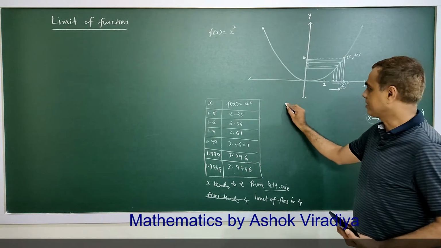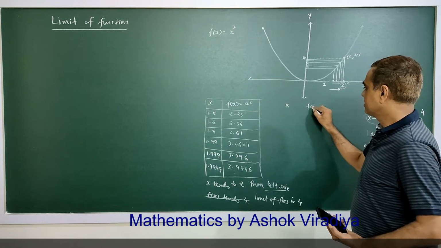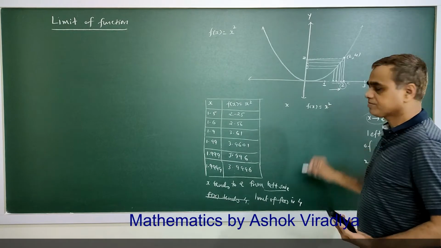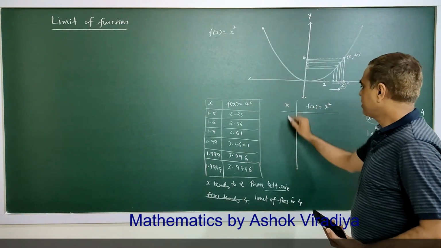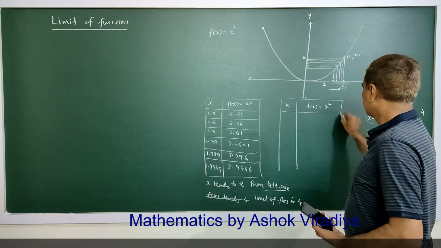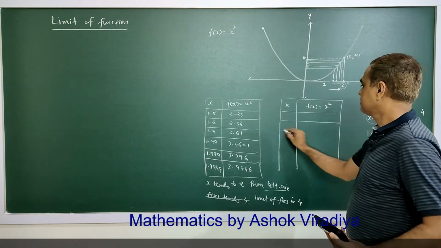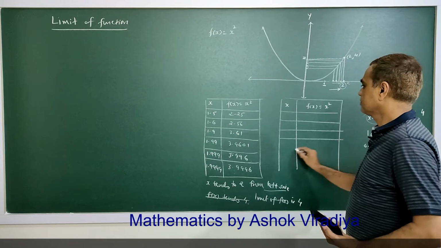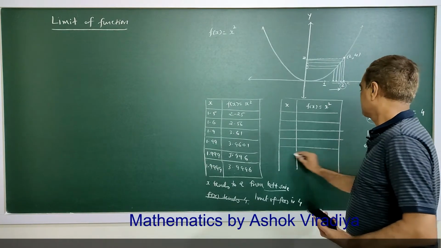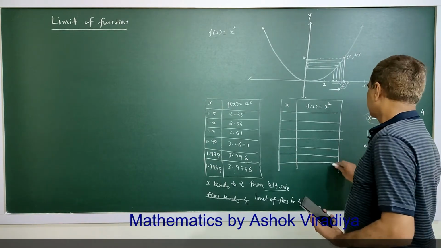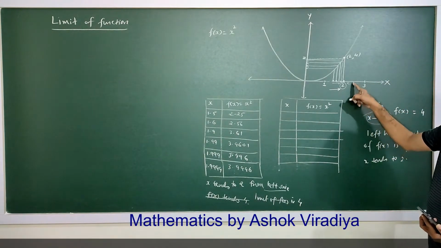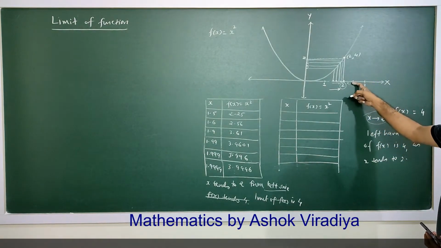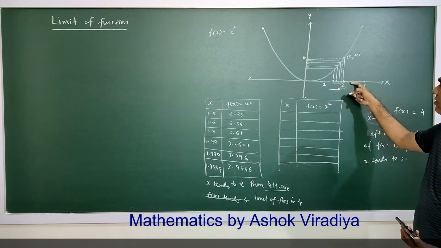So another table, here x, here f(x). Suppose I am going near and near towards 2 from right side.